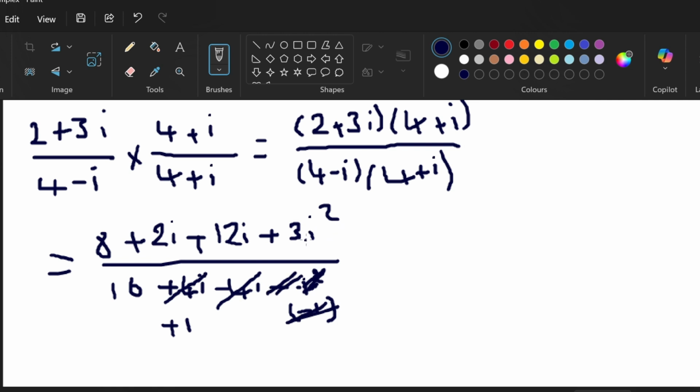And this i squared term here is also going to be minus 1. And now if I just add all the like terms, I'll get 8 minus 3 is 5, plus 2 plus 12i is 14i, over 16 plus 1 is 17.